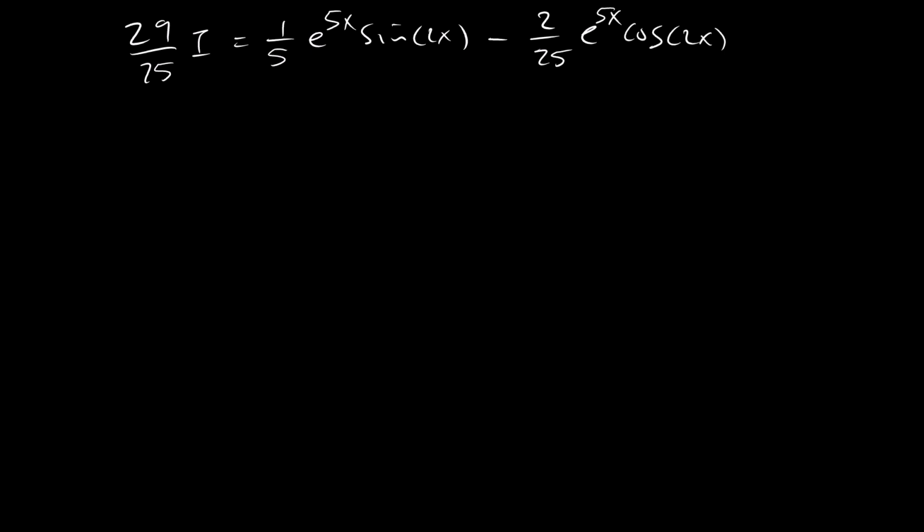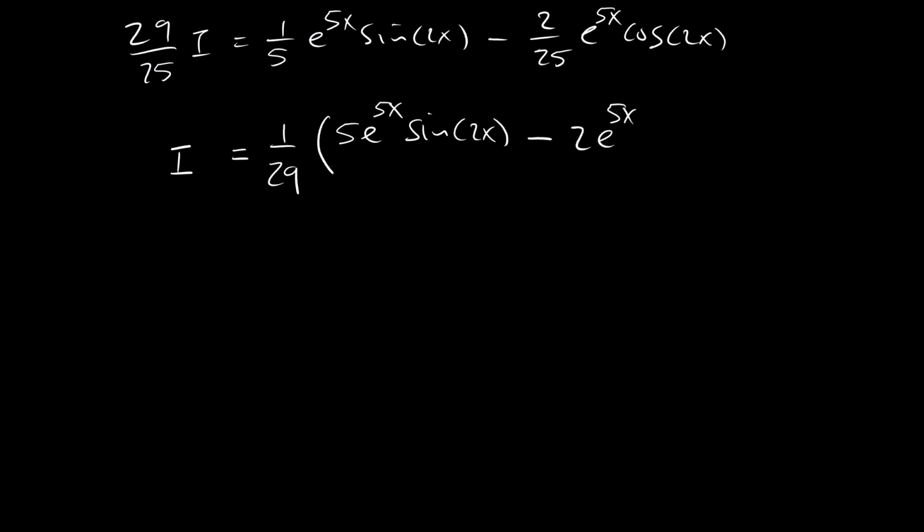So if we divide both sides by 29 over 25, we find that we have I is equal to 1 over 29, open bracket, we have 5 e to the power 5x sine of 2x minus 2 e to the power 5x cosine 2x.